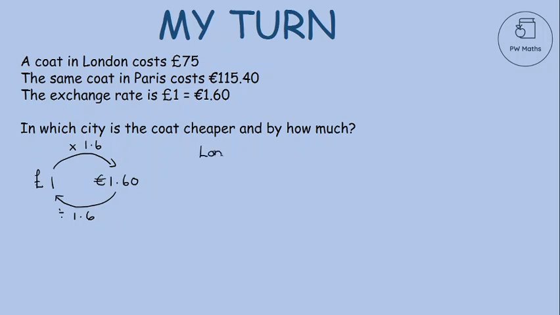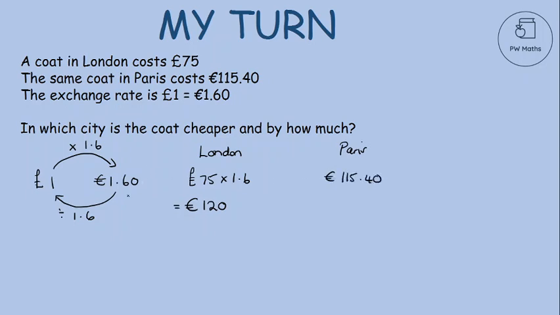So let's first of all have a look at the coat in London, which costs £75. To go from pounds to euros is a times by 1.6. So the coat in euros in London costs €120. And in Paris, the coat is currently €115.40.